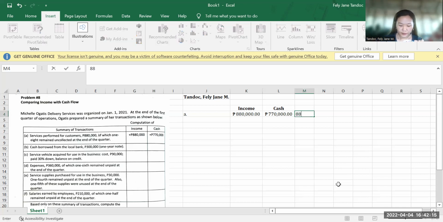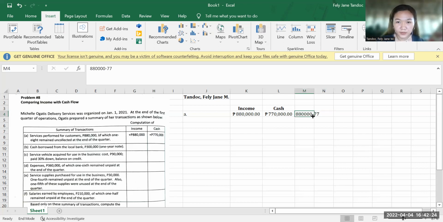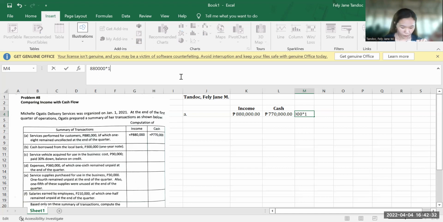So, 880,000 minus 880,000 times 1/8 is equal to 110,000.